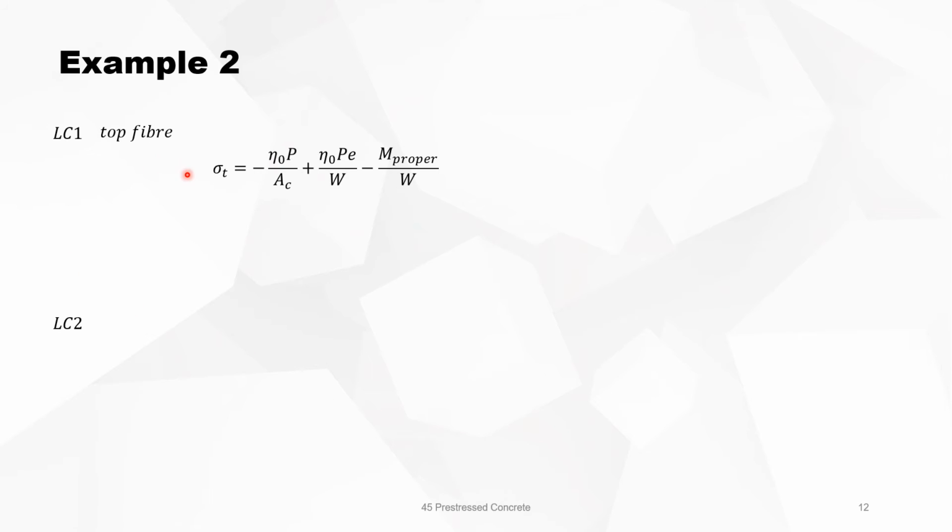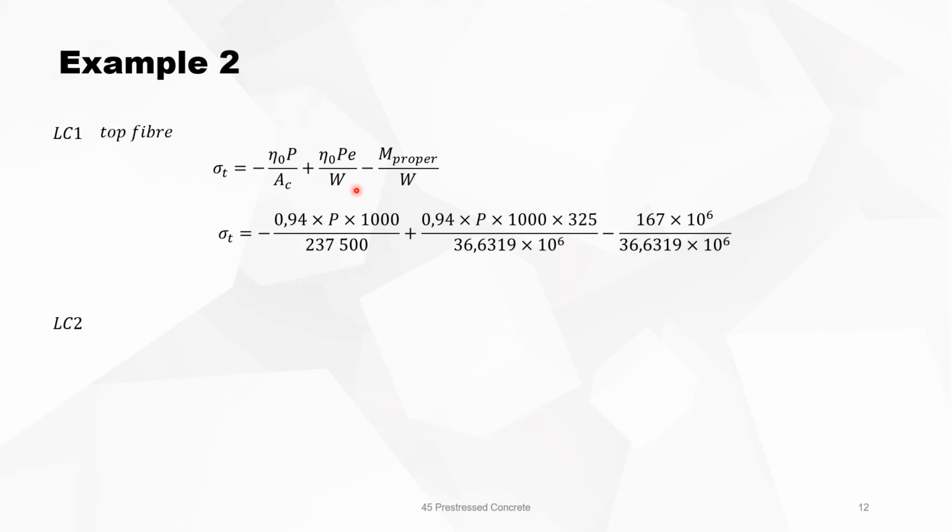So top fiber, load case 1, we do not have P, we don't know what the pre-stressing force is, so it stays in the equation, but we know that we do not want any tension in the top fiber.